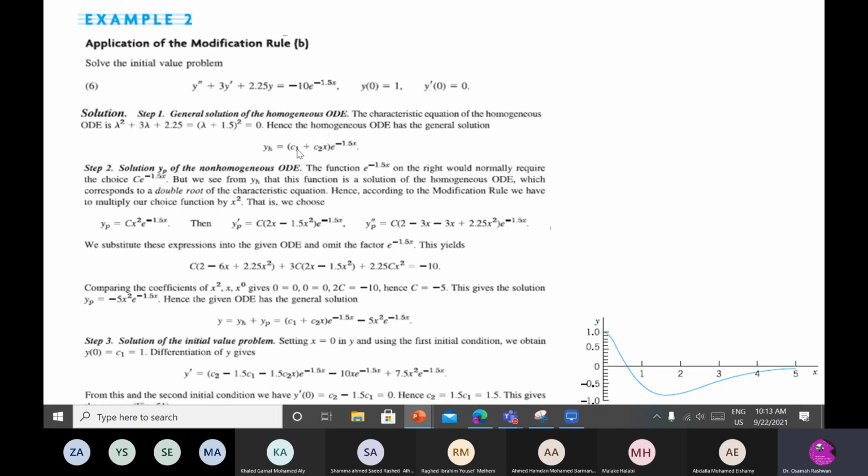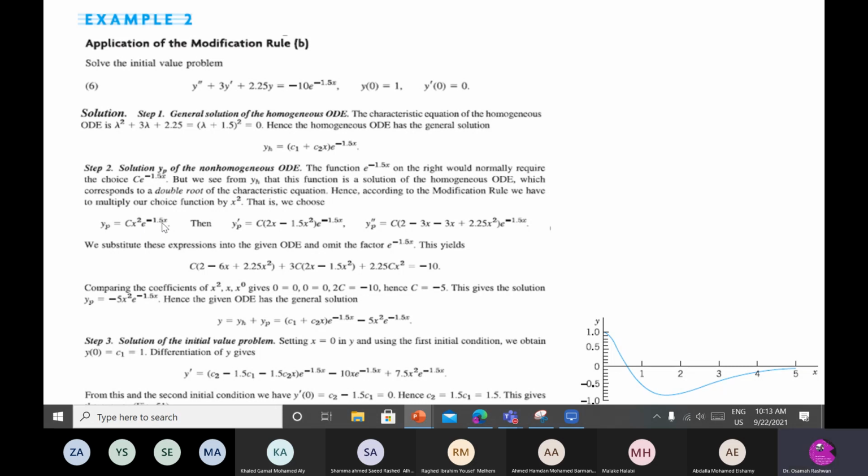So I have c1 times e to the minus 1.5x, and I have c2 times x times e to the minus 1.5x. So the particular solution must be independent from these. This is why I choose yp in this case independent from these two parts. So I have to get this particular solution c times x squared times the exponential function.